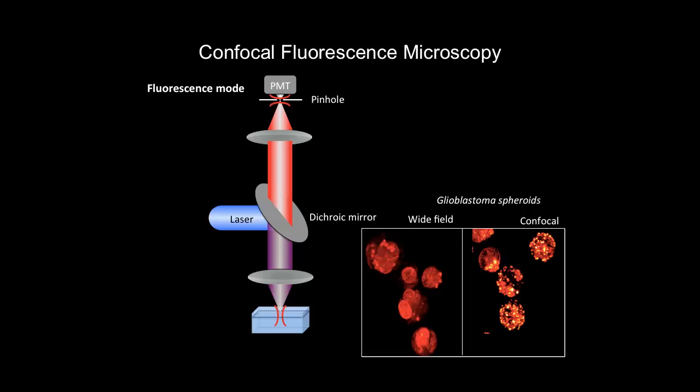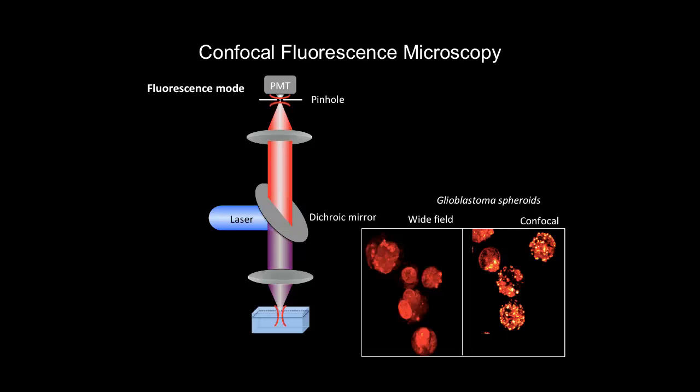And I chose a couple of images of glioblastoma spheroids to show the performance of confocal images compared to wide field images. These glioblastoma are brain cancer cells, and these spheroids are 3D structures.